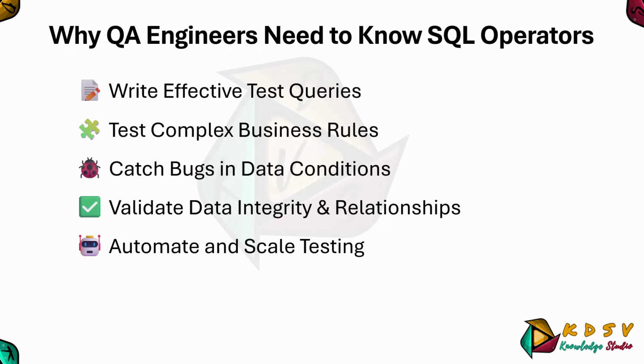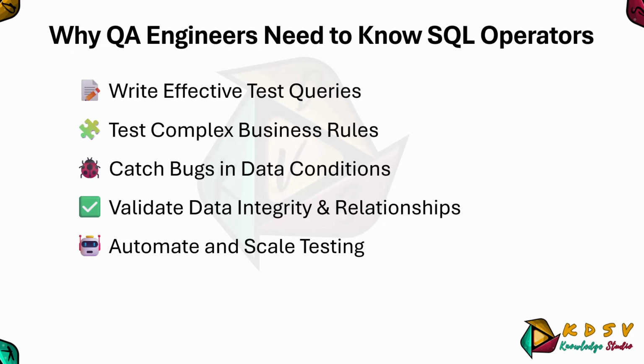The other one is automating or scale testing. Automated scripts often include SQL queries. Understanding the operators helps you parameterize the conditions, generate the correct test data, or validate the bulk inserts or updates. When QA engineers master SQL data types and operators, they can create accurate test data, write effective validation queries, and uncover hidden bugs early.